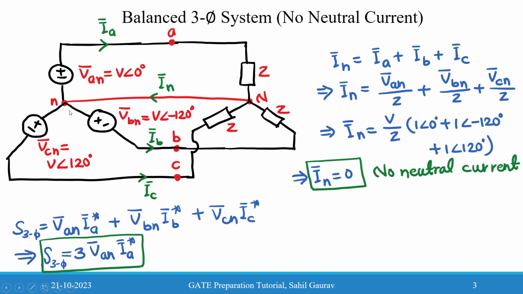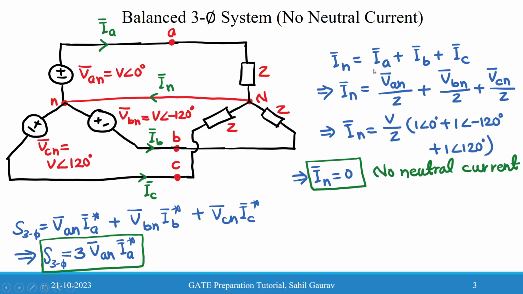Now if you want to know the neutral current, how will you find it? You can find it using KCL. If you apply KCL at the node N, you will get the neutral current.